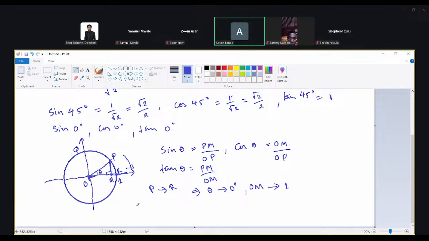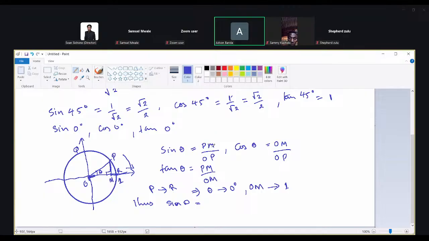So in this case, what we see is the following: sine theta, or rather sine 0, as you approach 0, sine 0 will be equal to PM over OP.